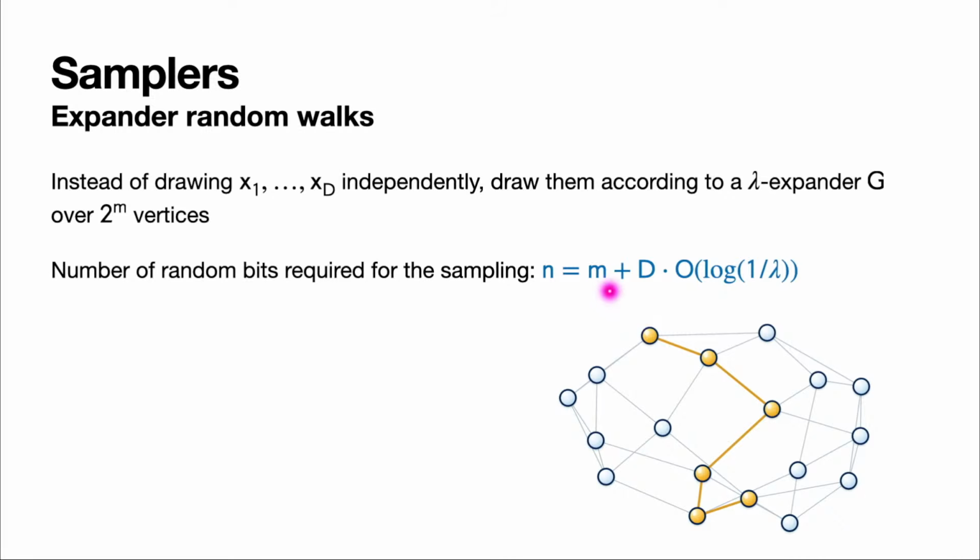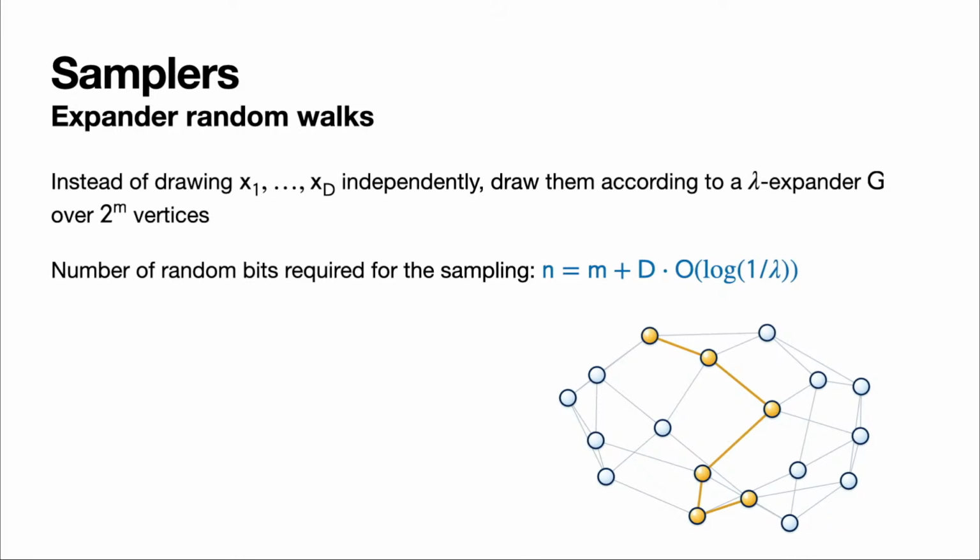And then I'm choosing d times. Say I work with a very good expander, a Ramanujan expander. So what's the connection between lambda and the degree? The degree is like 1 over lambda.